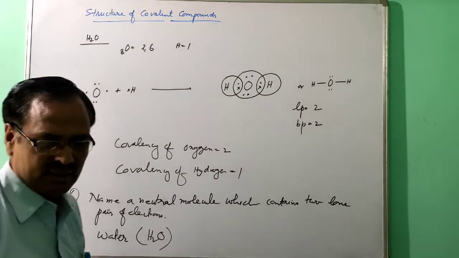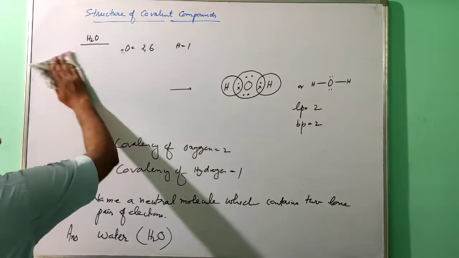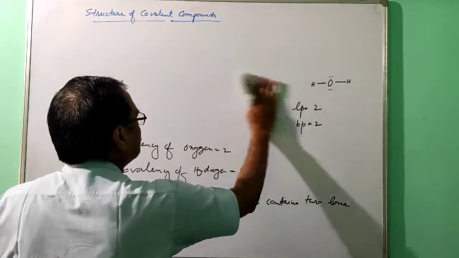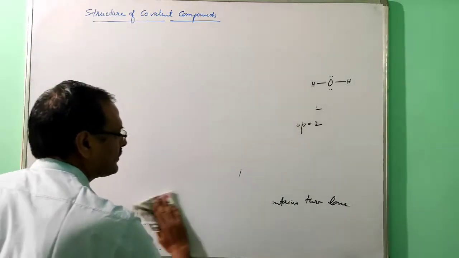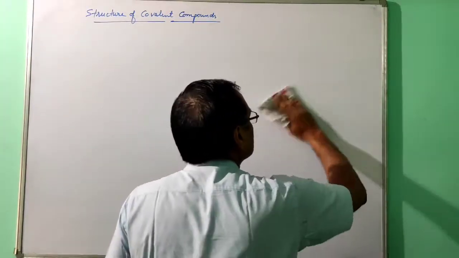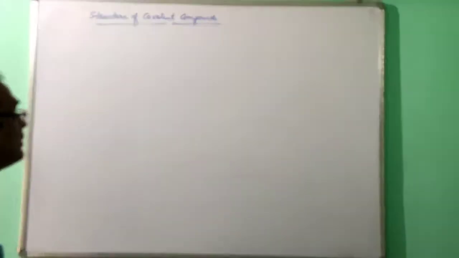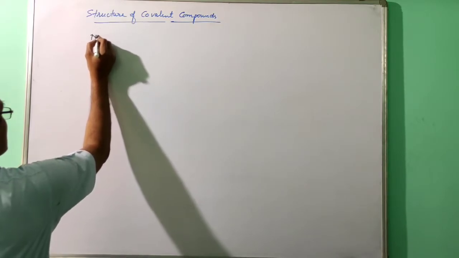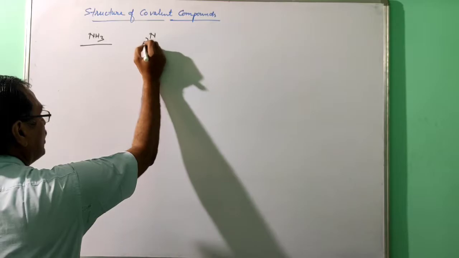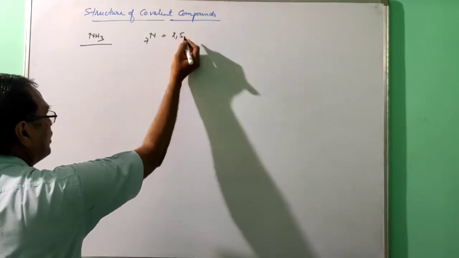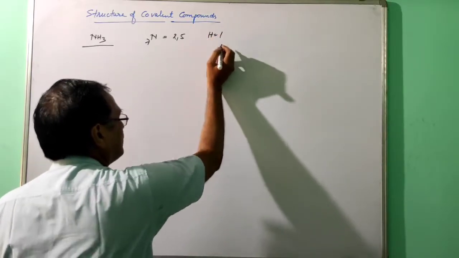Now next structure, ammonia. These structures are very important. Ammonia is also a polar covalent compound. Ammonia, NH3. You see nitrogen has atomic number 7, electronic configuration 2, 5, and hydrogen has 1.